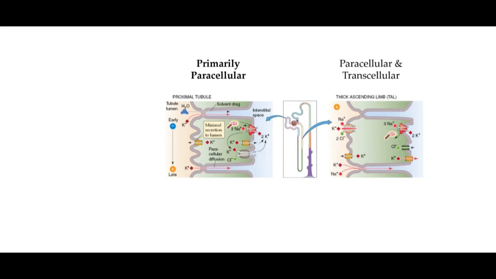Okay, so even though potassium will follow paracellularly because of water movement, by the time you get to the late proximal tubule heading into the loop of Henle, we've gone from a negative luminal voltage compared to interstitial space to a positive luminal voltage. So you will have some potassium that is just moving on its own away from the repulsive force of that positive luminal charge.